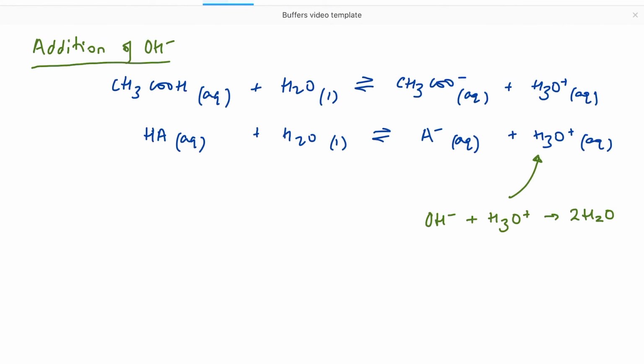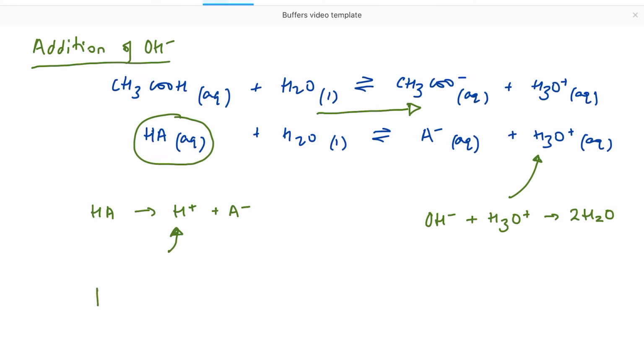This will cause the position of equilibrium of my buffer system to shift to the right, which means that more of my acid molecules are going to dissociate, and as they dissociate, they are going to produce more hydrogen ions. They're going to essentially replace the hydrogen ions, or the oxonium ions, that have been neutralized by reacting with the hydroxide ions that were added.